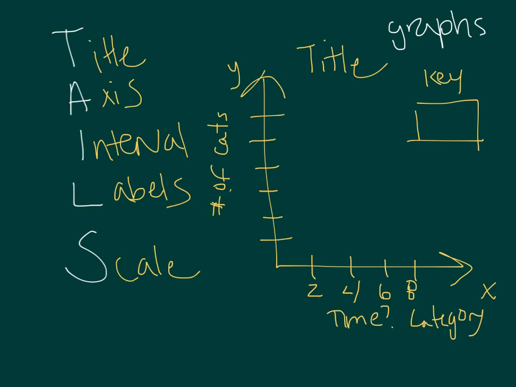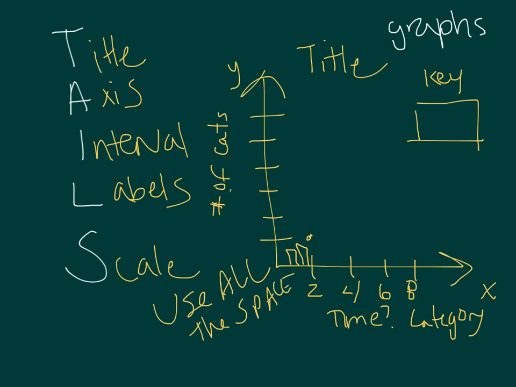Lastly, we'll look at scale. It does me no good if your graph is this, and it's super teeny tiny and no one can read that. In the words of Ms. White, we need to use all the space. So fill your paper.